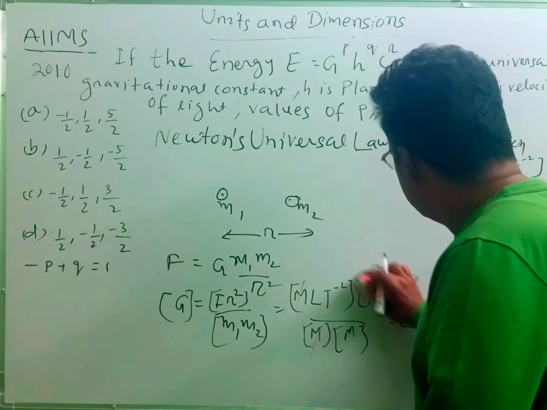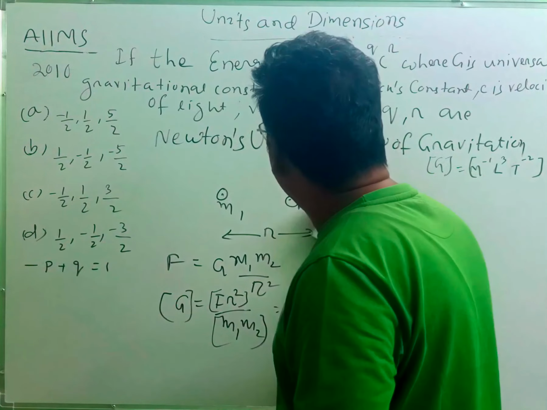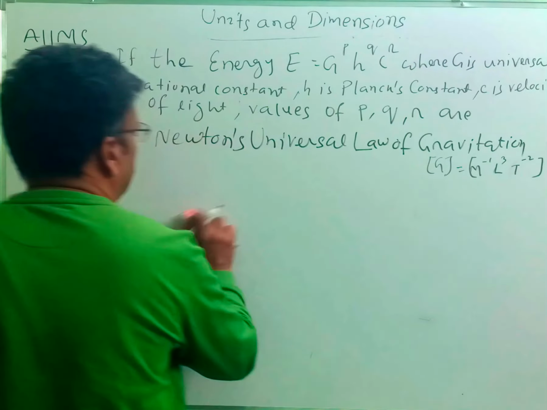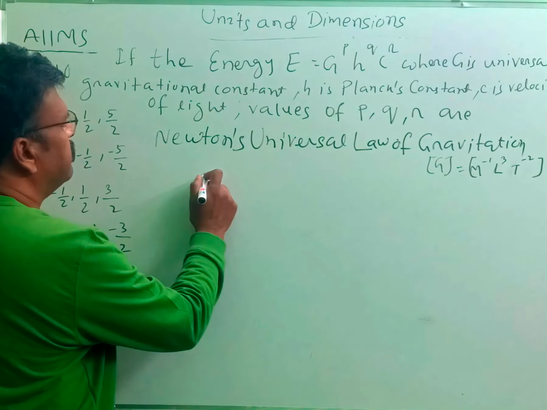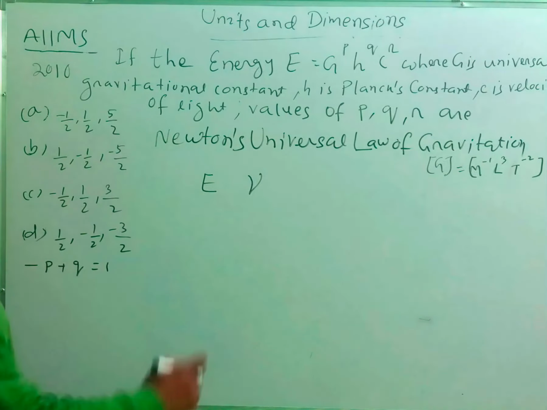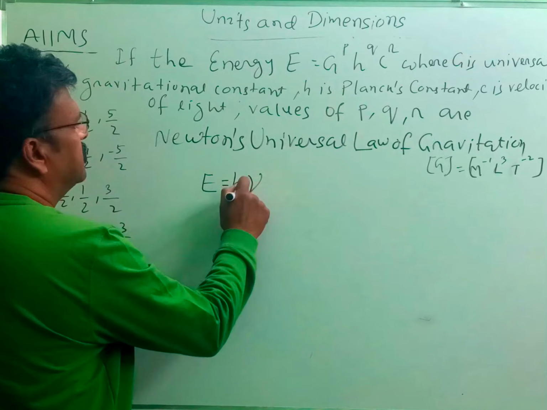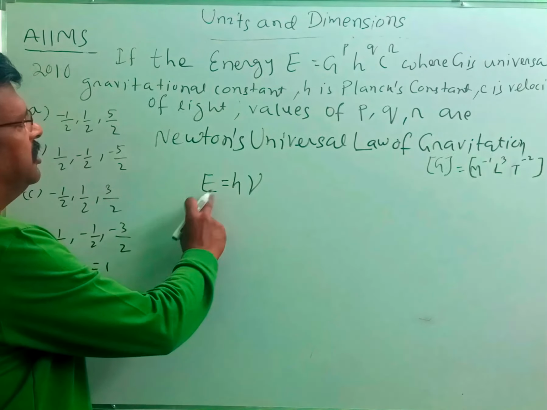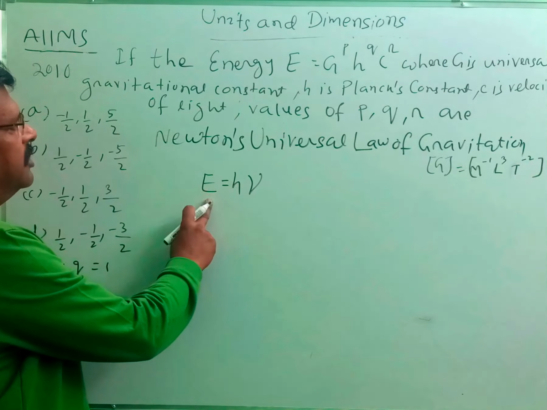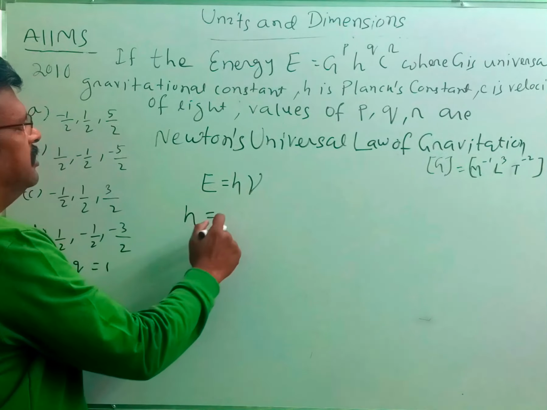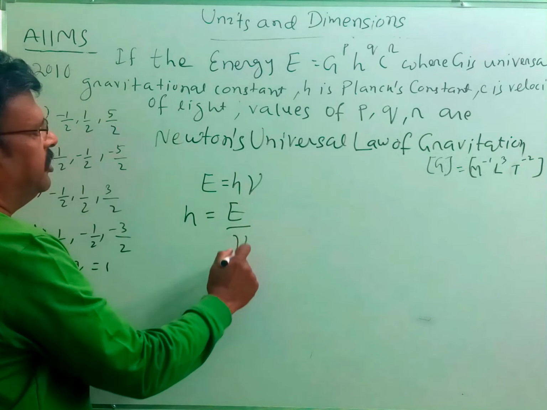Let us clear the whiteboard to find out the formula for Planck's constant H. Students, the energy of a radiation is directly proportional to its frequency. So E is equal to h nu, where h is the proportionality constant called Planck's constant. E stands for energy, h is Planck's constant, nu is frequency. We can get the expression for h as h is equal to E by nu.